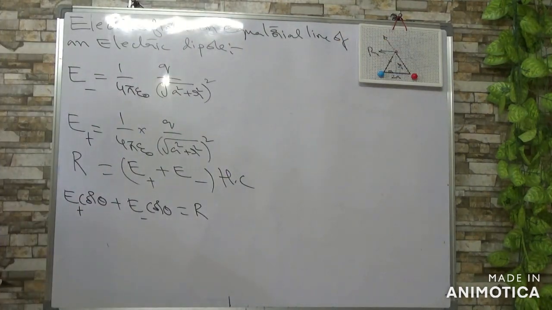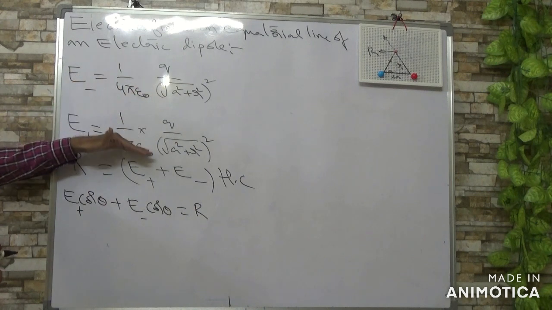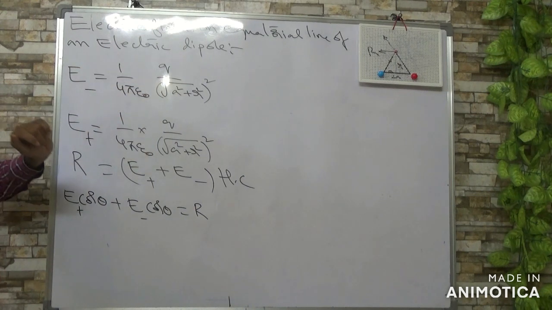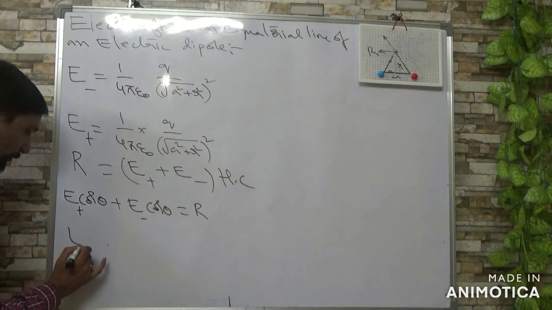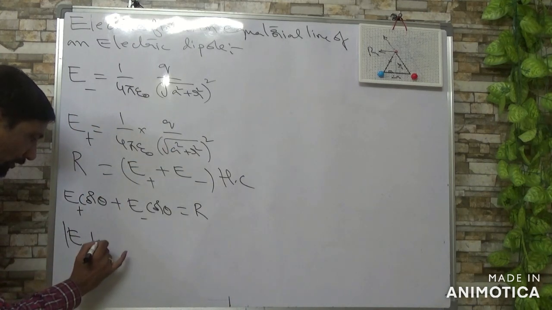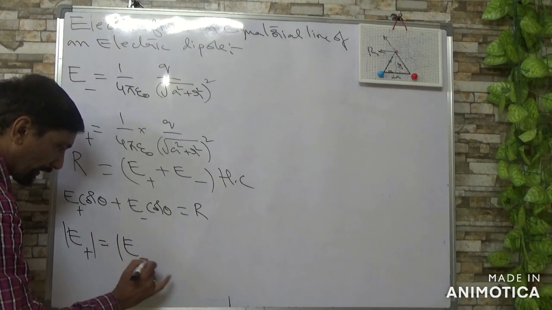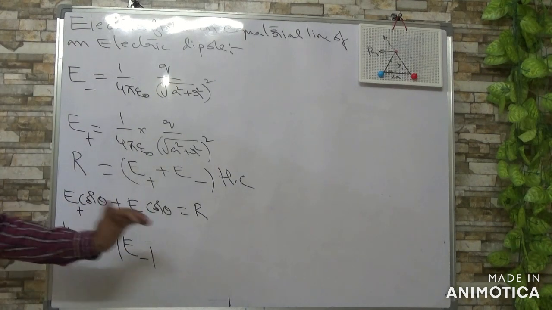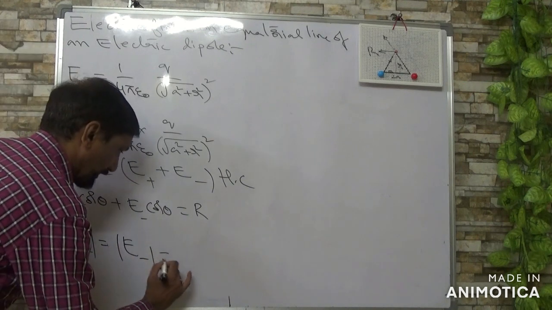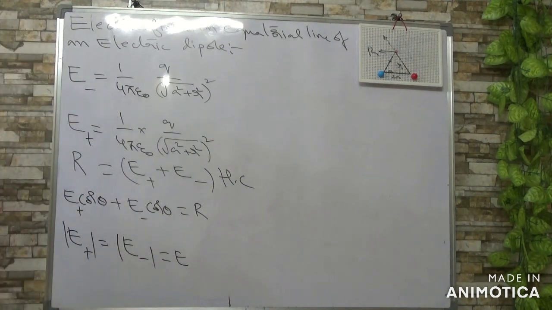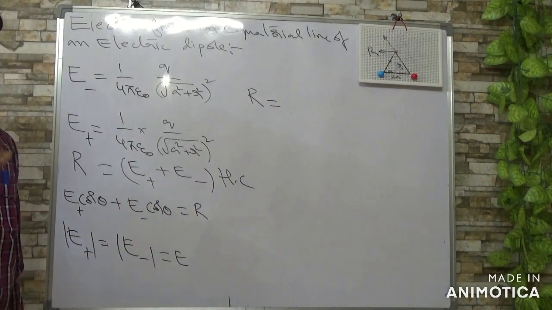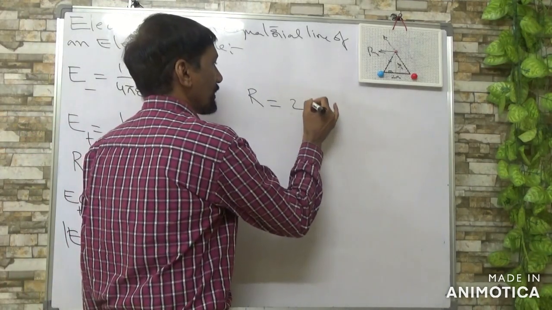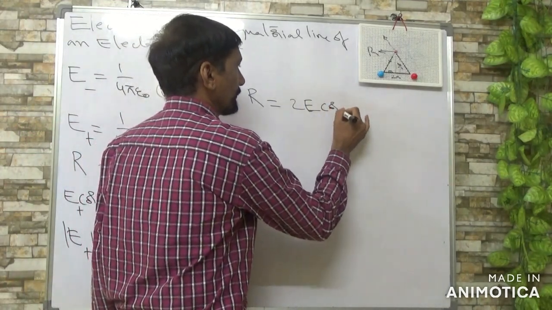If you notice, only the direction is different, but the charge and distance are all the same, so the field due to positive or due to negative is the same, say some constant E. So the resultant electric field strength is 2E cos theta.